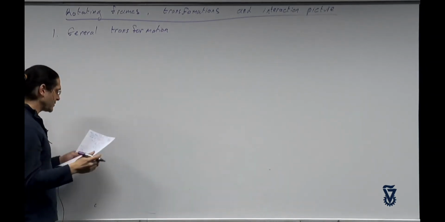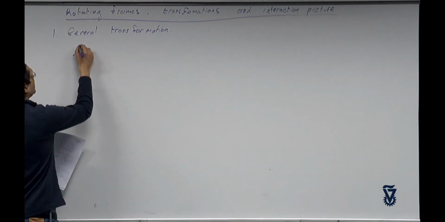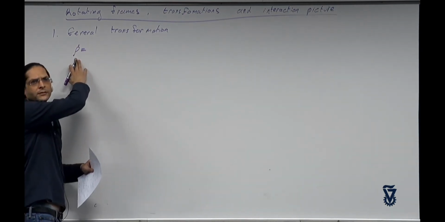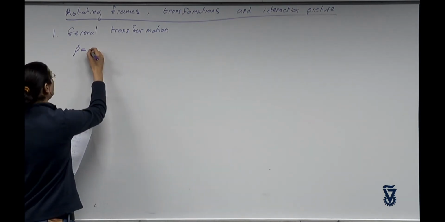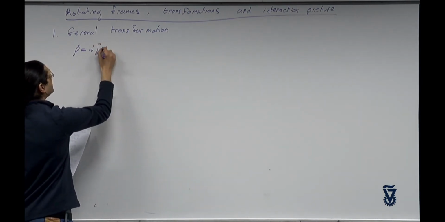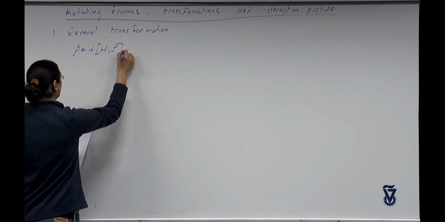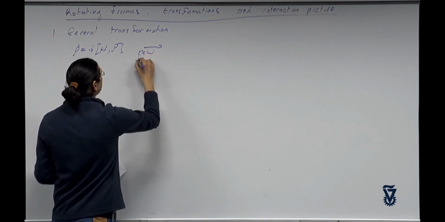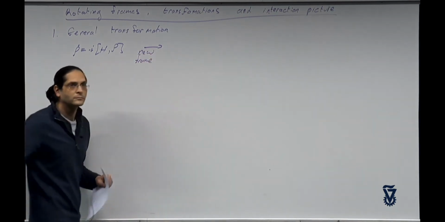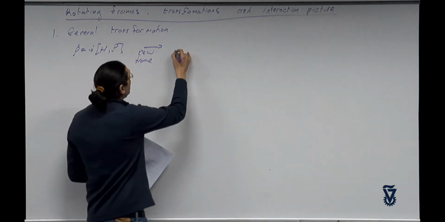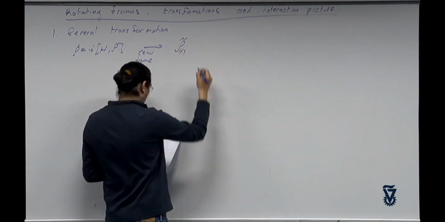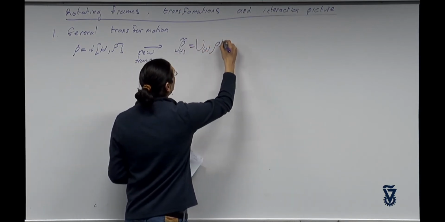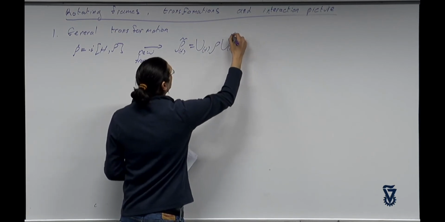So when you do a general transformation, if you write the Schrodinger equation for the density matrix rho, we know that rho dot is minus i H rho. In the new frame, rho transforms like U rho U dagger.